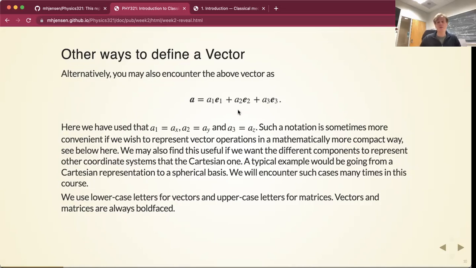So if you make a transformation from a Cartesian system to spherical coordinates, you may have different so-called unit vectors. So when some people write the notation for the vector as we have it here, it may not refer explicitly to a Cartesian system. It's a little bit more general.